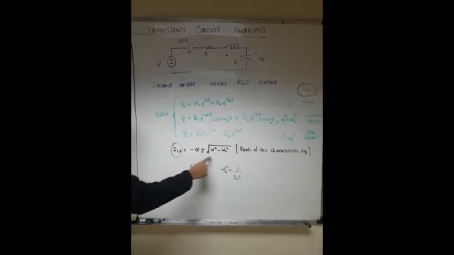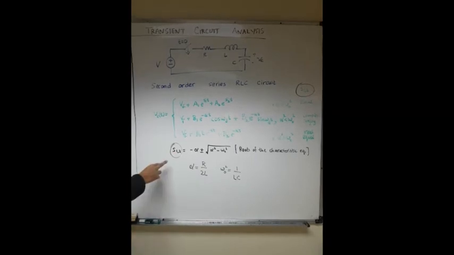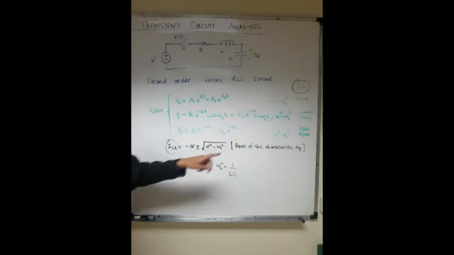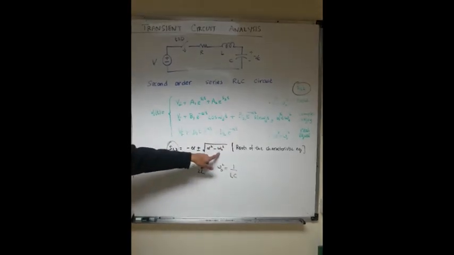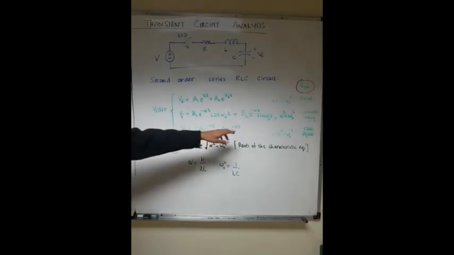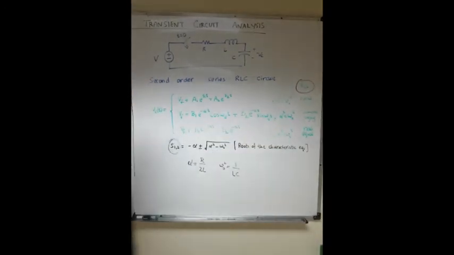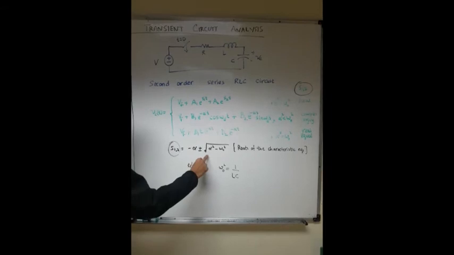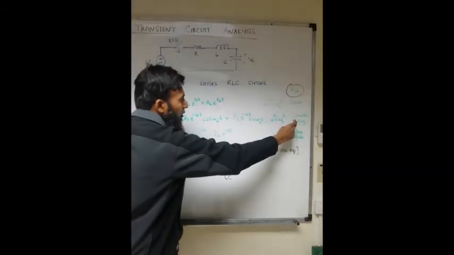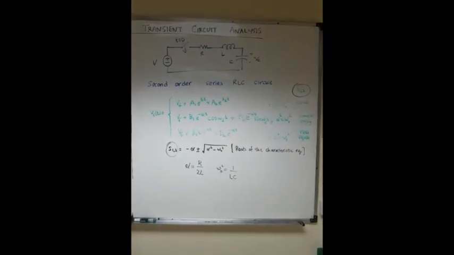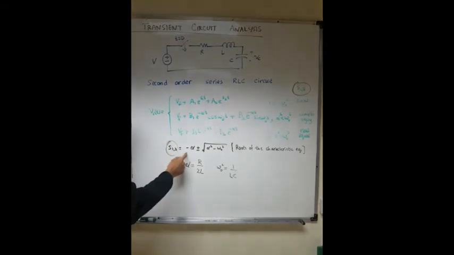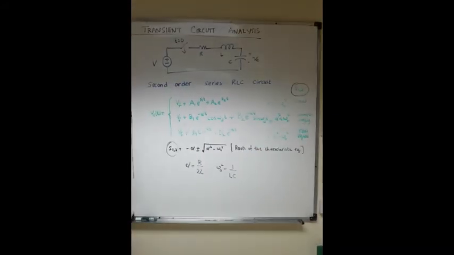Now we can also see that in the first possibility, if alpha squared is greater than omega naught squared, the roots will be real. And in the second case, when alpha squared is less than omega naught squared, we will have a negative inside the square root and the roots will be complex conjugates of each other. And finally, if alpha squared is equal to omega naught squared, we will get the same roots, equal roots.